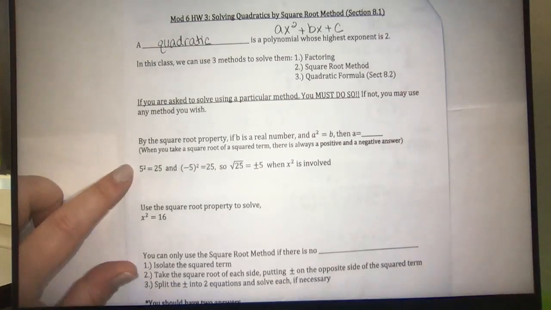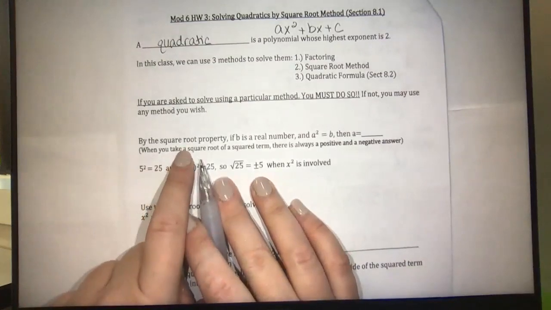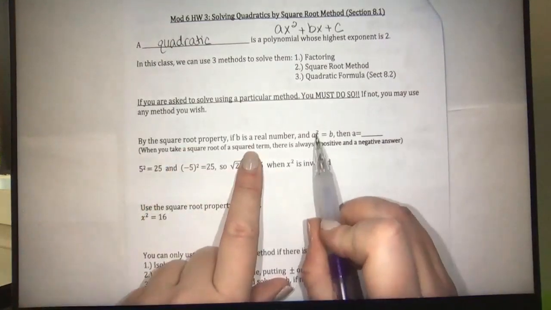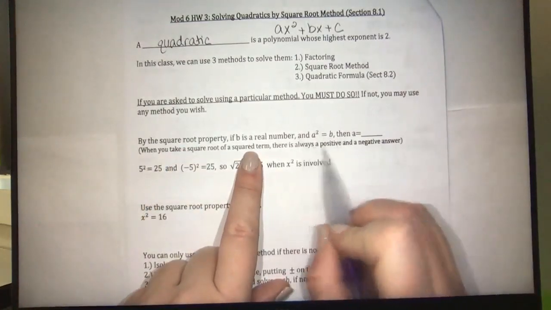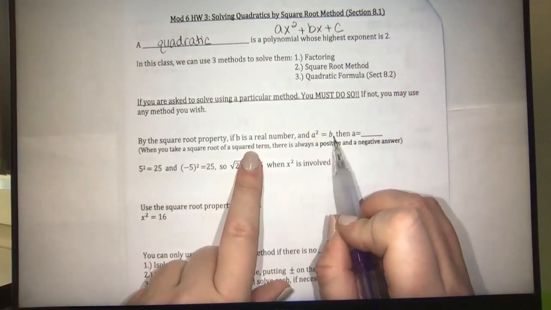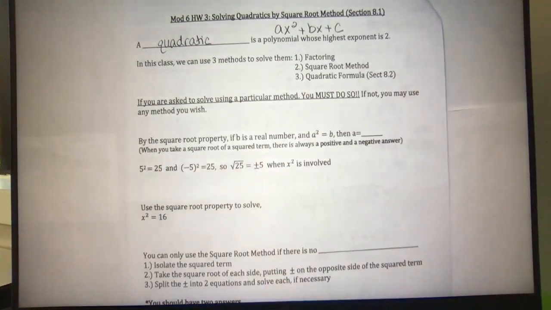All right, so the square root property. This is really strange. I don't know why they define it like this, but I kind of had to put it in there because they did. I'm going to get my little cheat sheet packet here. But they're just showing you that when you take the square root of something that's been squared, you get 2 answers.